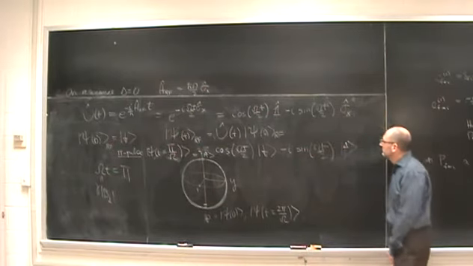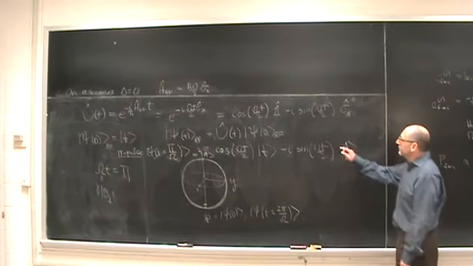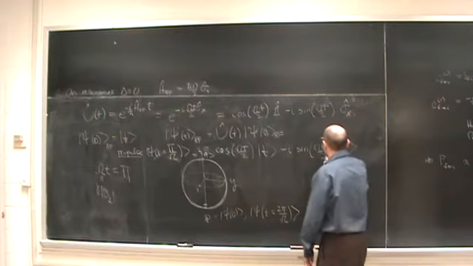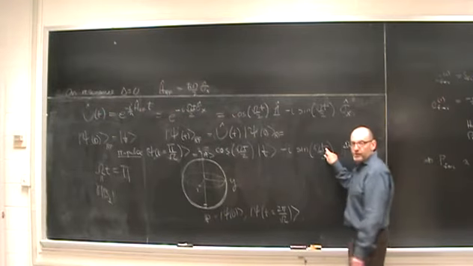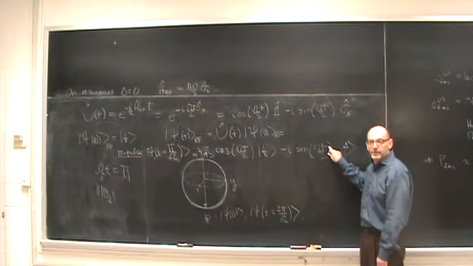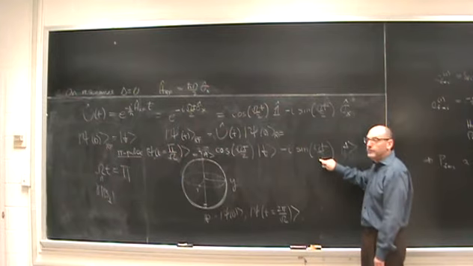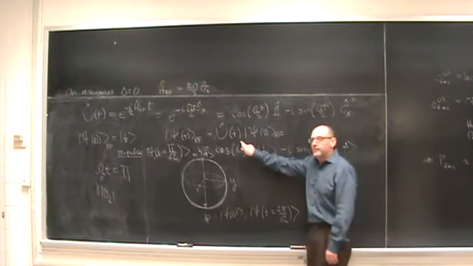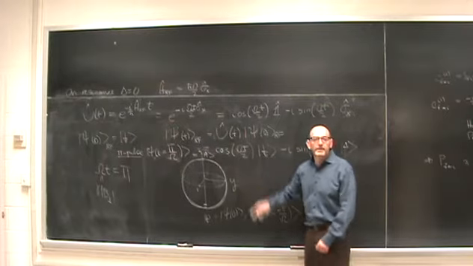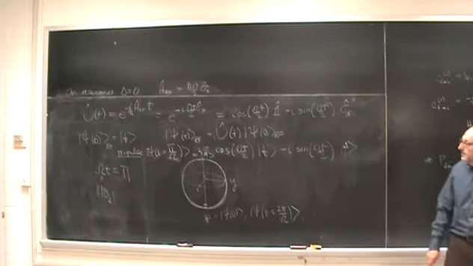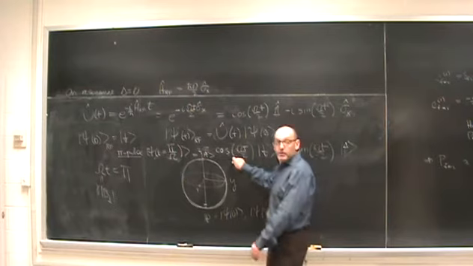So now if omega t is pi over 2, then this is pi over 4, and this is pi over 4. So what is that? Superposition. It's a superposition with 1 over root 2, right?